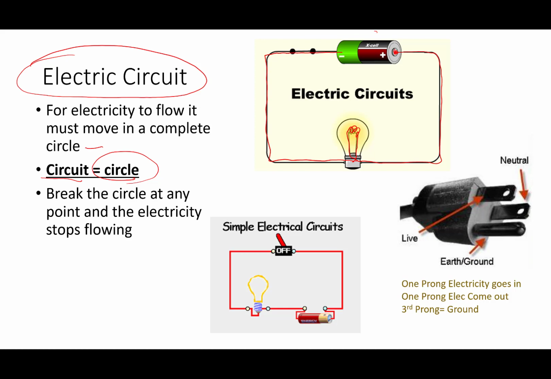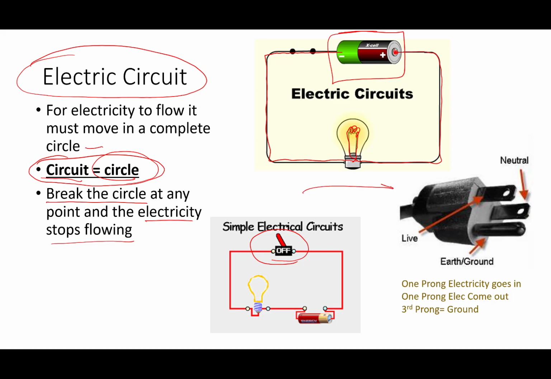And it doesn't matter if it is an electrochemical cell, if it is a power station, if it is where the electricity comes in via the power supply to your home. It has to be in that complete circle or circuit. And if you break that at any point, the electricity will stop flowing. That can be done with a switch. And we put those switches in to turn that electricity on or off.